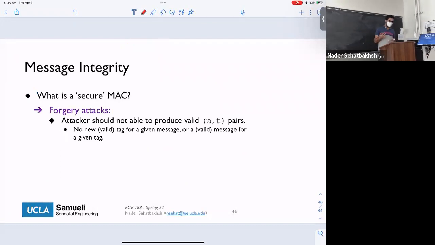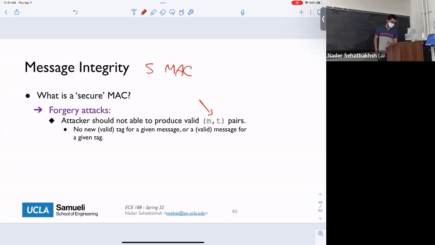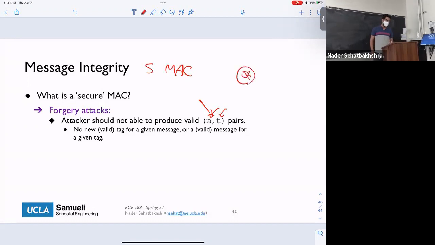One is what's called a forgery attack. A secure message integrity code, or secure MAC, should be able to protect itself against forgery attacks. Essentially, we should not be able to create any valid message and tag if we don't have the secret value. First of all, message integrity also uses a secret key, and the secret key is only known to Alice and Bob.